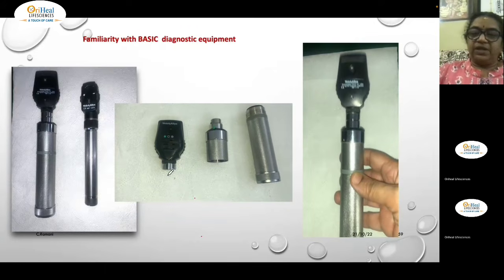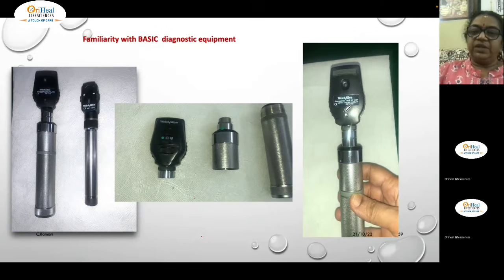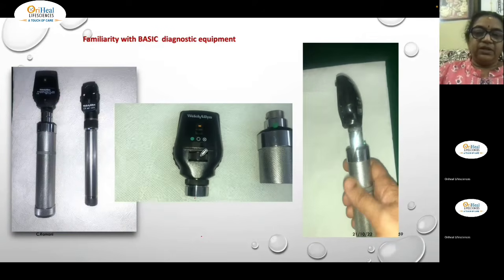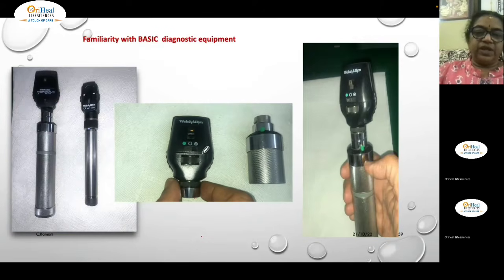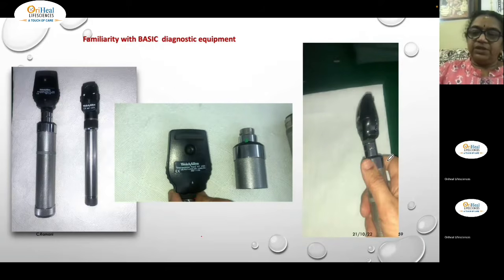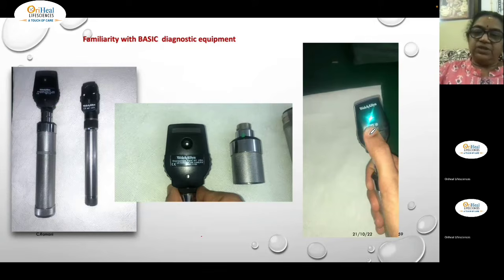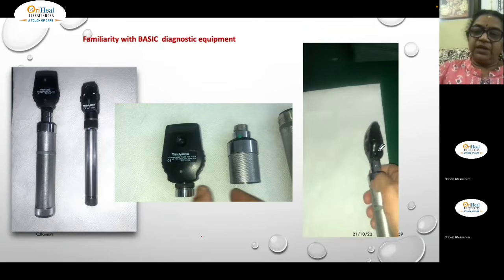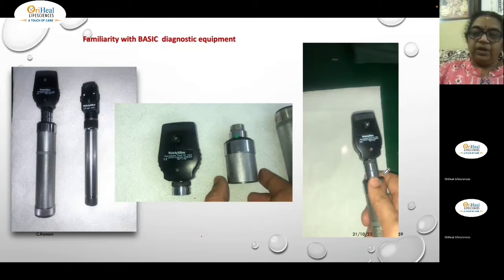Okay. So this is a direct ophthalmoscope by Vishal. You can see here there is a dial. With the help of that, you will be able to change settings. Now this is switched on. You are able to see the light coming out through the view hole.